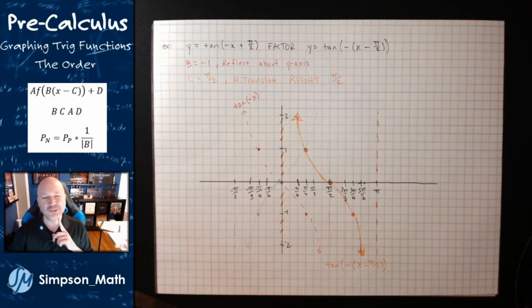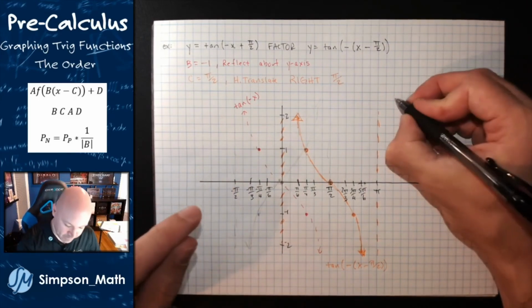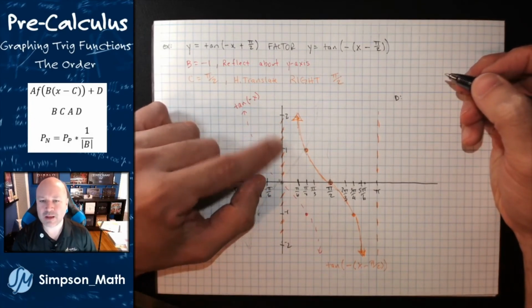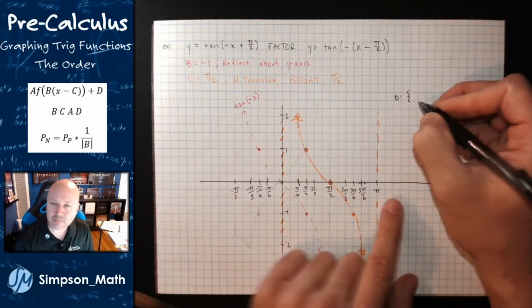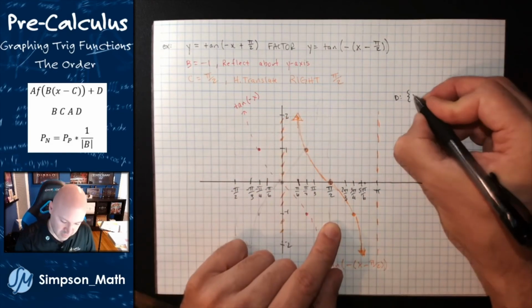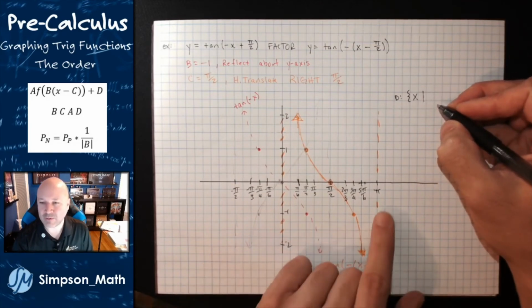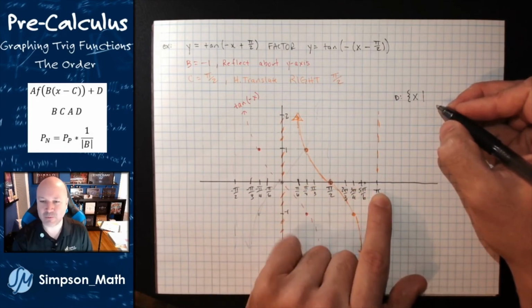Now that should look familiar, but let's just continue with saying what we would normally say. The domain here: I've got a problem at 0 and pi, so I'm going to say most x's work. The set of all x's such that, and then I'm going to list a bad one, and then add the distance to the next bad one.